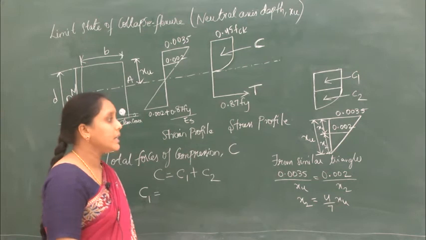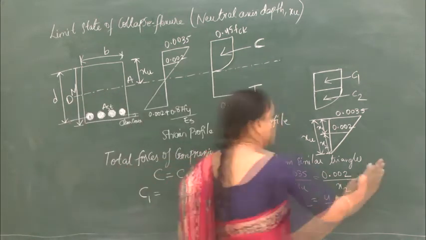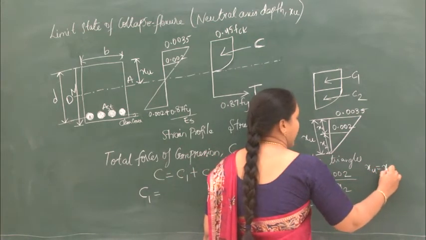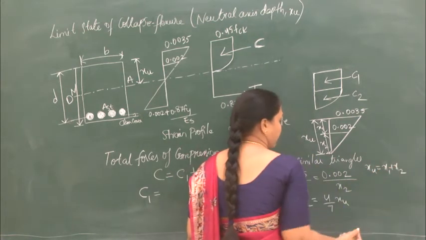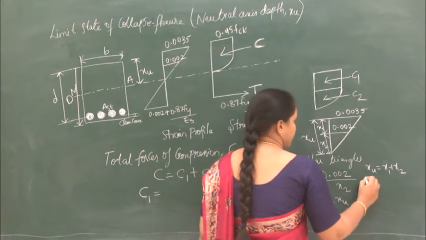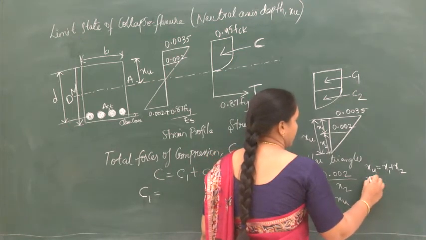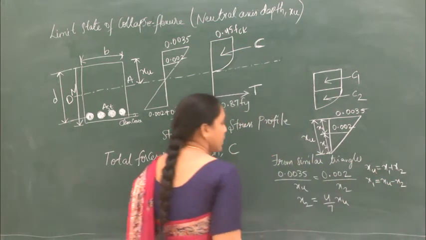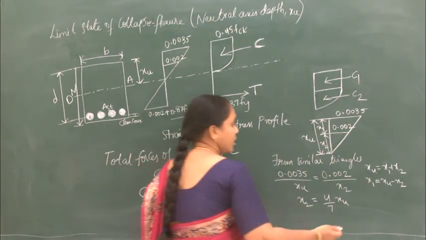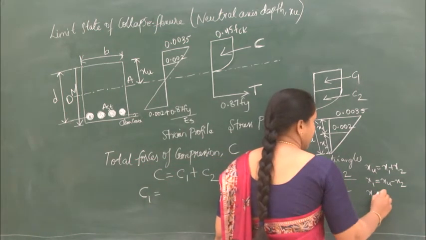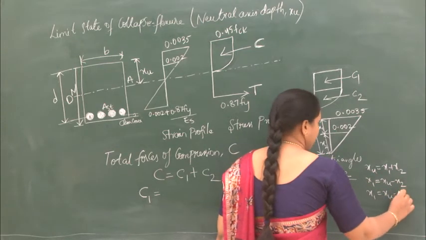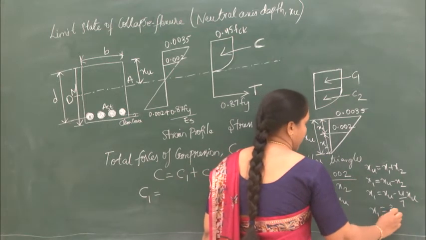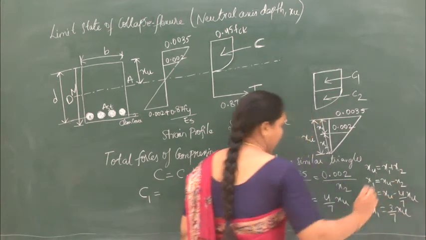Now calculate x1. xu can be written as x1 plus x2, so x1 will be xu minus x2. The x2 value is already known, so xu minus 4/7 xu gives x1 as 3/7 xu.